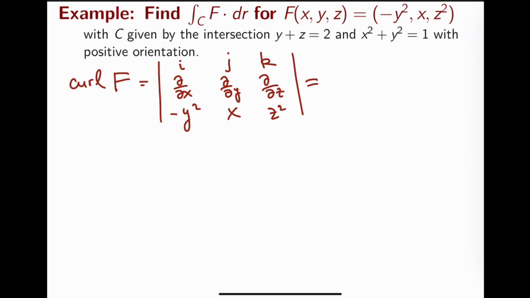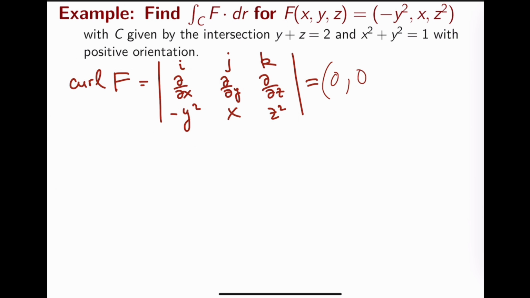by doing this determinant, eliminating this, we see that the first component is going to be the derivative with respect to y of z squared minus the derivative with respect to z of x. By doing all these derivatives, the first one is 0 minus 0, which is 0. For the second one, when we eliminate these two, we get the derivative with respect to x of z squared, that is again 0, minus the derivative with respect to z of this, that is also 0.